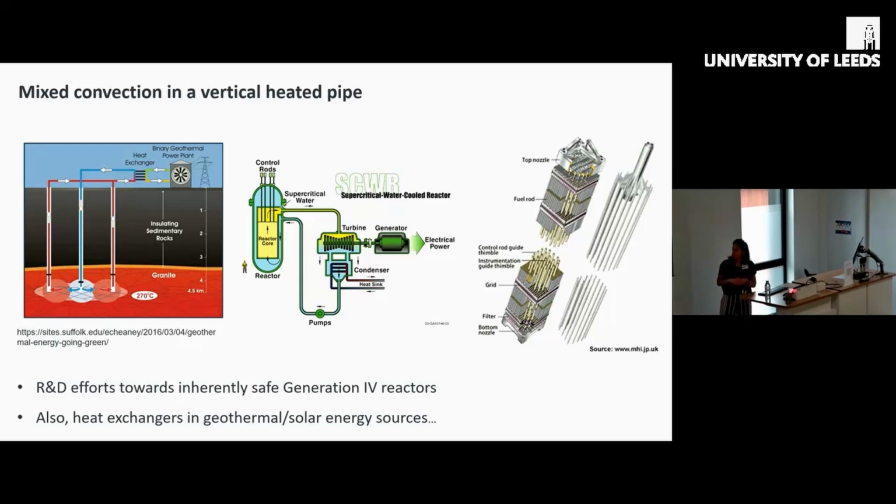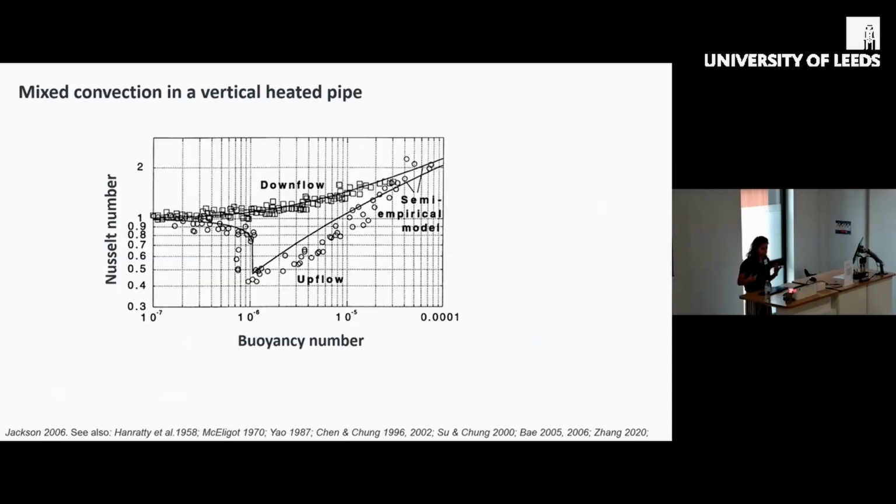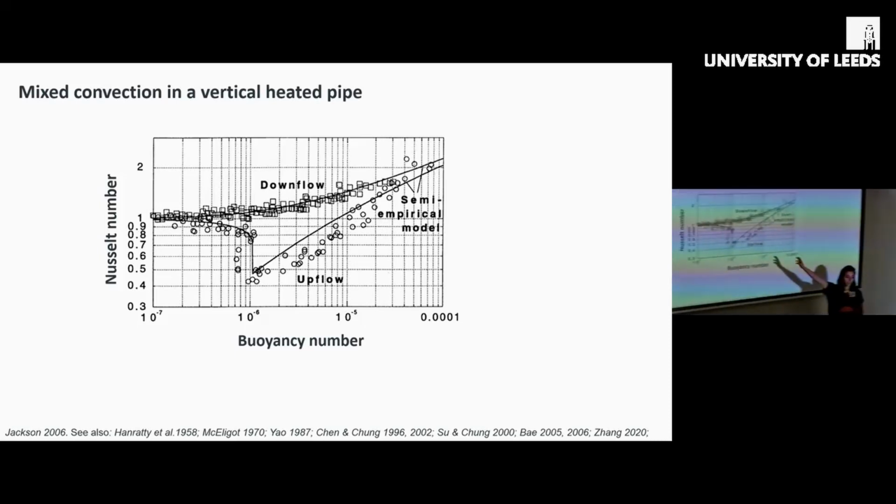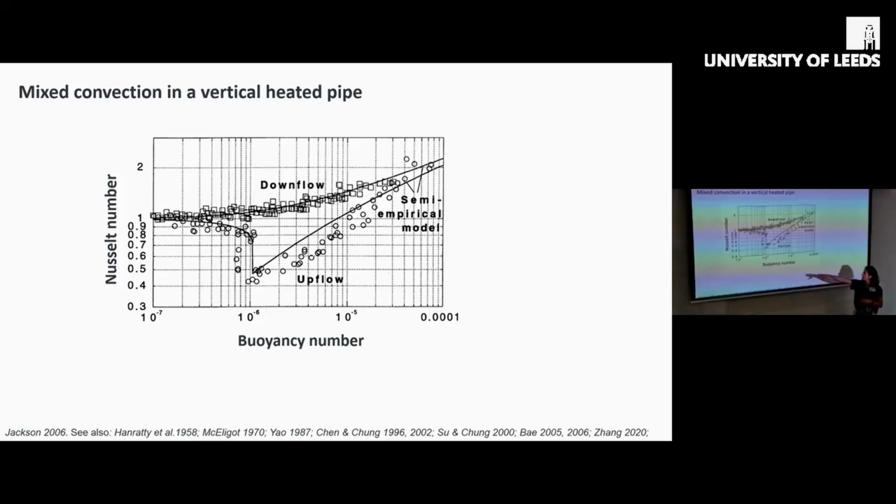So what we're interested in here is to try and understand the different flow states and transition between flow states and how this affects heat transfer in the presence of buoyancy. And this is actually not so trivial, but a general picture has been drawn. So this is a figure that shows a measure of heat transfer, the Nusselt number, and here this buoyancy number is a measure of heating.